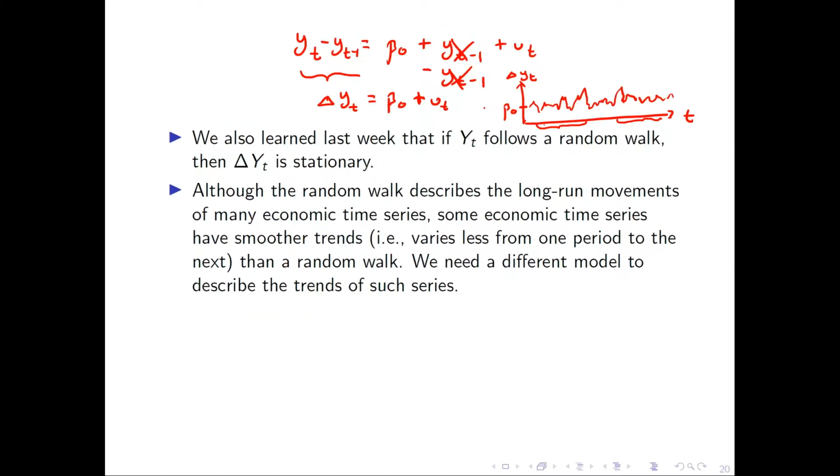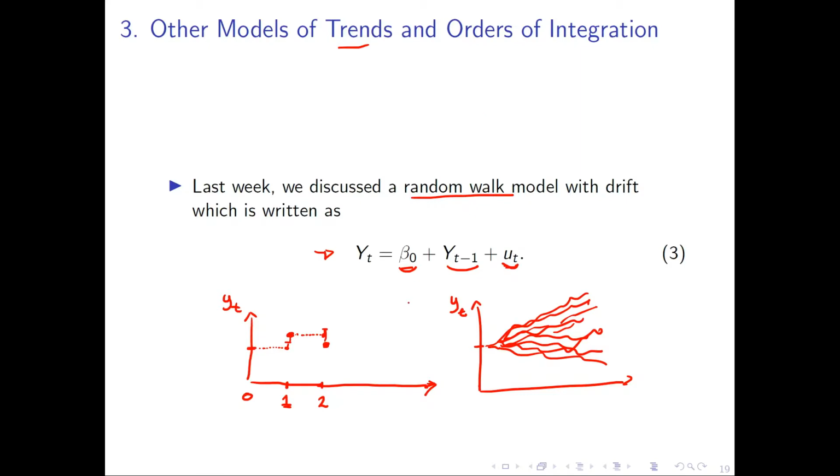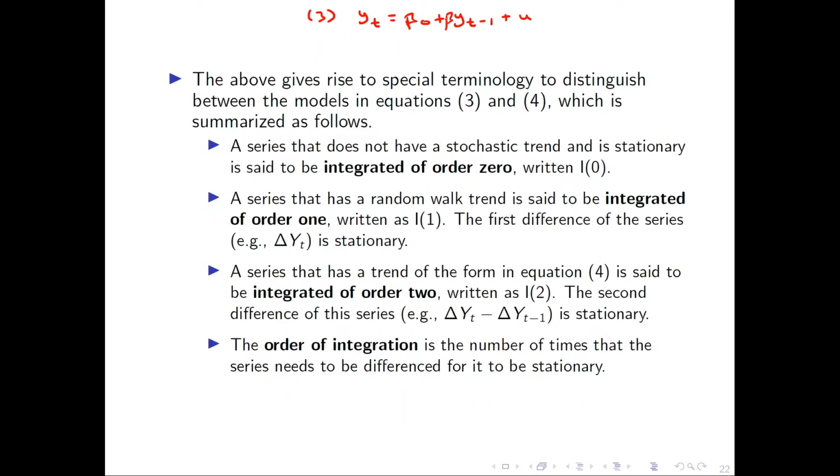So this is the random walk model if beta 1 here is equal to 1. And the fourth equation here is that the change in yt, or the difference in yt, is a random walk itself. So this is the lag difference and ut.